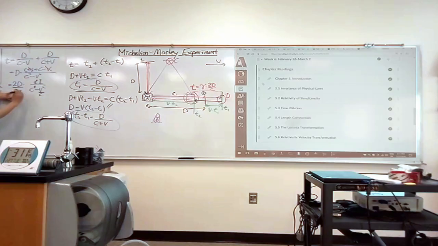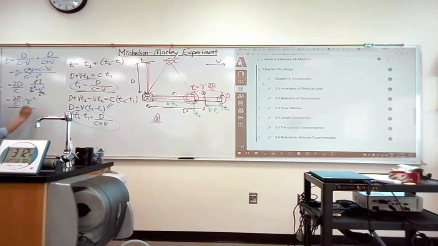Then I get this c here, so this turns into 1. This doesn't really have a factor of c, but I can still factor out a c by turning this into a square. So this becomes 1. With all those corrections, this is 2d over c times 1 over 1 minus v squared over c squared. That looks familiar, right? That's gamma squared. So this is equal to gamma squared.